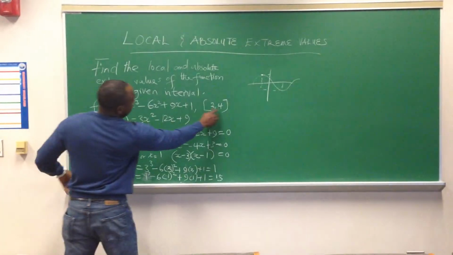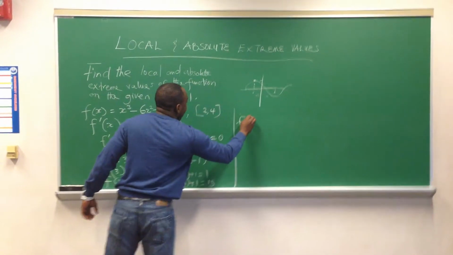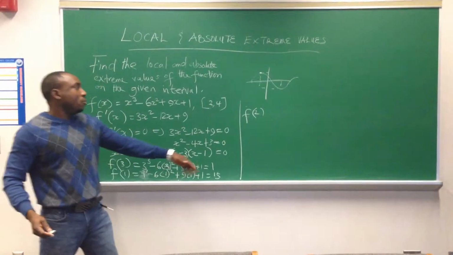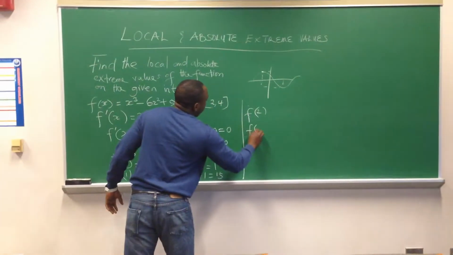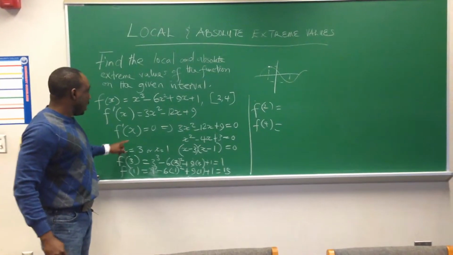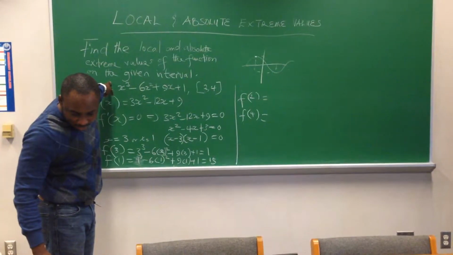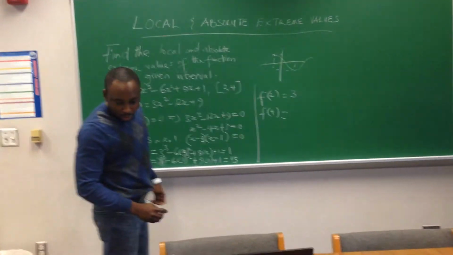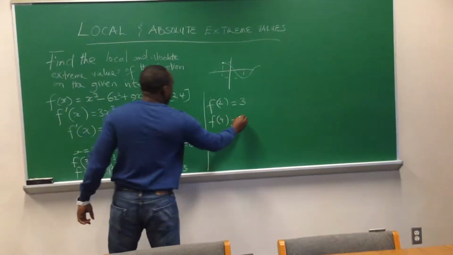Now I also need to test the endpoints, so I find f of 2 and f of 4. Whichever gives me the highest of all would be my maximum, and whichever gives me the lowest would be the minimum. Plugging in 2 into this function gives 3, and plugging in 4 gives 5.